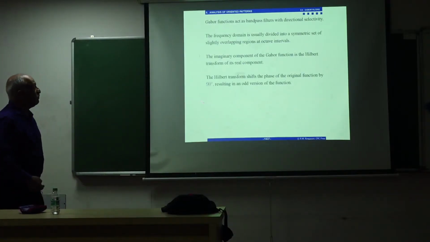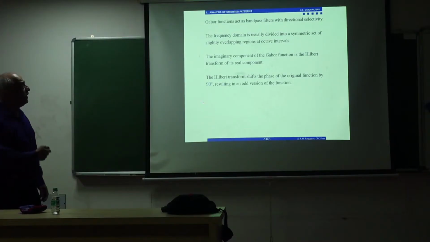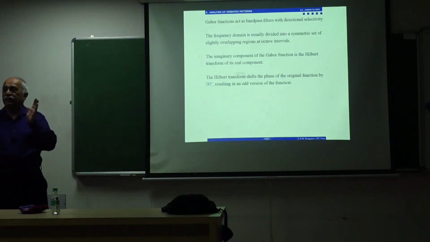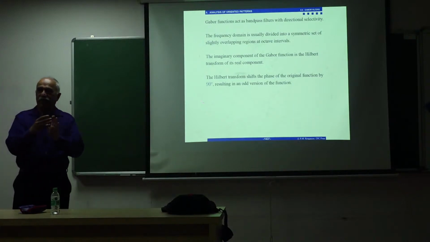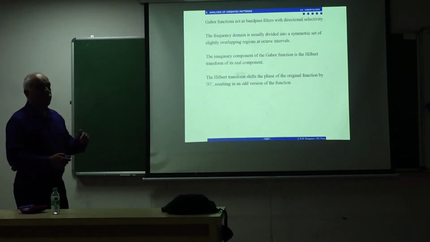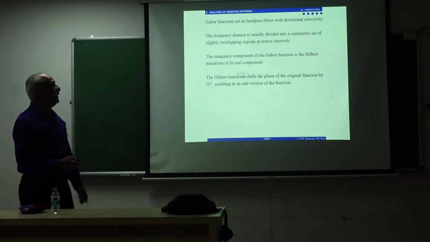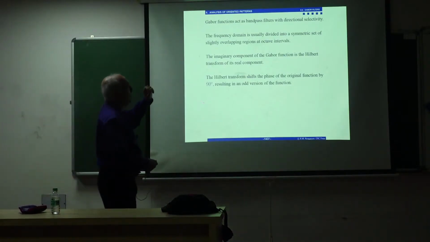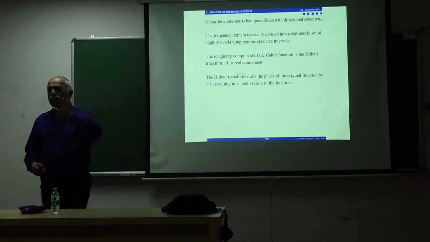Gabor functions act as bandpass filters, I already showed that, with directional selectivity because of that factor lambda and theta. There is the preferred orientation implied by the fact that it is not isotropic. And the frequency is shifted by the modulating function. The frequency domain is usually divided into a symmetric set of slightly overlapping regions at octave intervals or however you want.